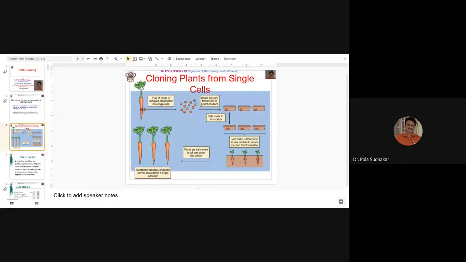If you inoculate a tissue in aseptic conditions, the tissue will divide into callus. Later, the callus develops into an entire plantlet. In that way, you can produce clones or identical plants. So generally cloning refers to plants.